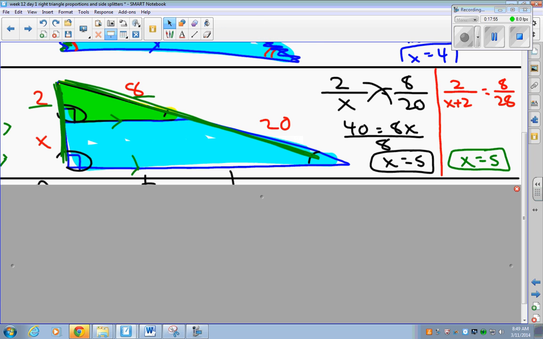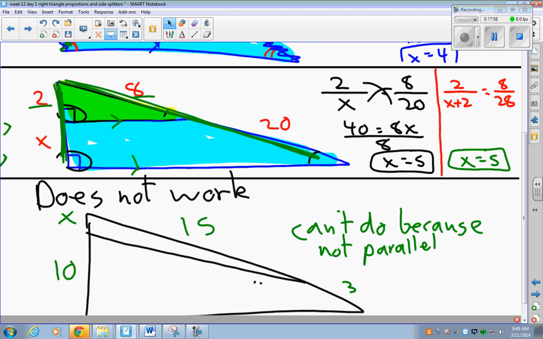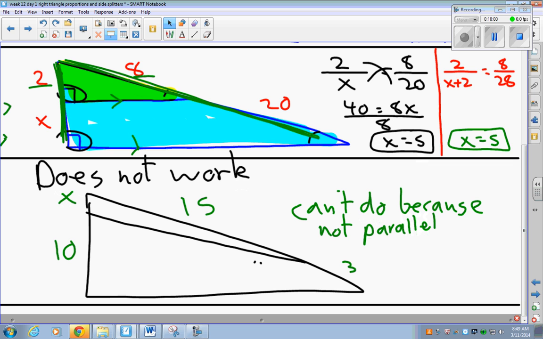Okay? Now, when you have one, don't just get super giddy and go, oh, all the time I can solve these things. So I made this one very clearly non-parallel. But do not get caught up in trying to go, oh, x over 10 equals 15 over 3. You can't do that because it's not parallel.